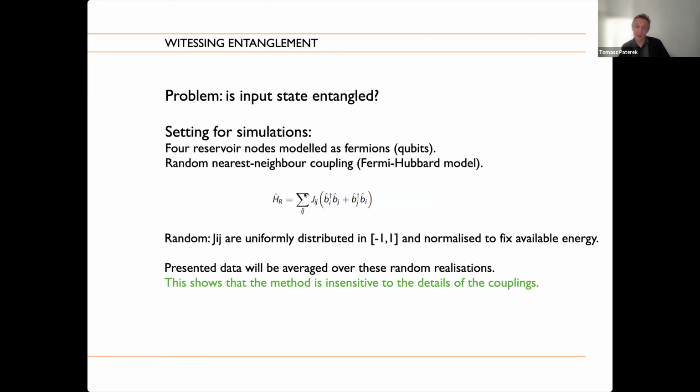So essentially, the reservoir Hamiltonian is just some random couplings, and each node is coupled, I think, to every other node. The data that I'm going to show you will be averaged over different realizations of such Hamiltonians, which means that in practice, you don't have to manufacture this reservoir very accurately. Any reasonable couplings are fine.